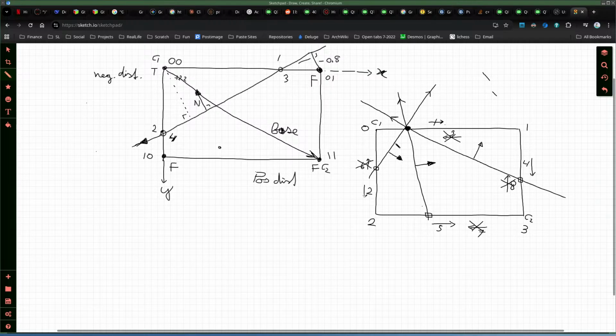So this direction is the same direction as that, or this direction is the same direction of that, or this direction, which is the same direction of that. So this one has a positive distance, and that one is on the other side of all lines, otherwise it would not cross here. So this one has a negative direction. And that then is why we don't want to add it, at least not first.